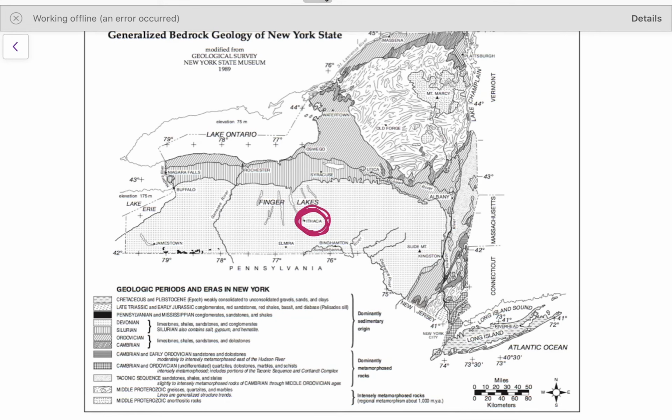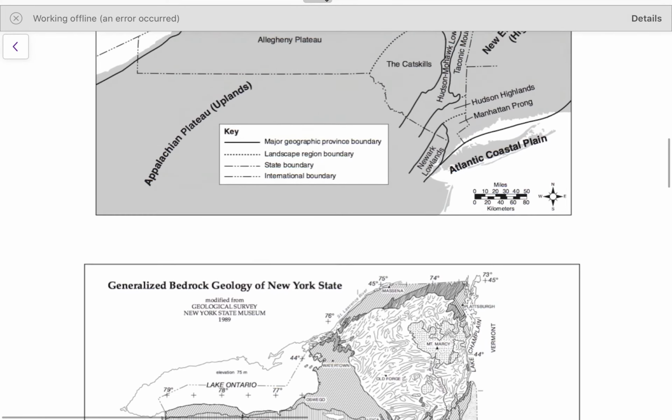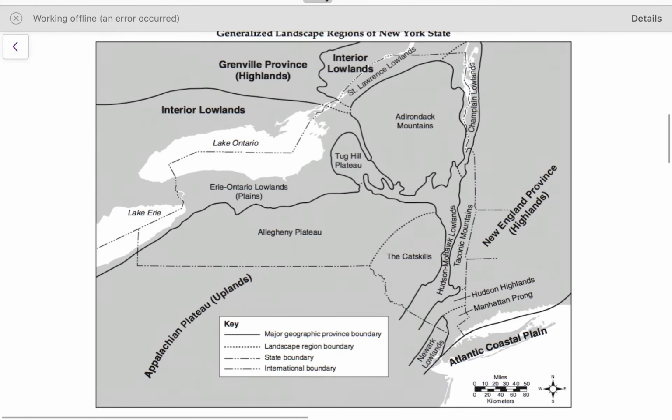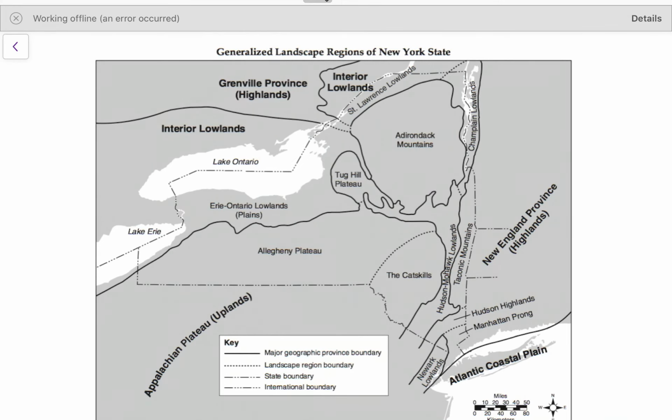Okay, now we want to remember where Ithaca is and then go up and look at page 2 and try to figure out what landscape region it's in. So if I go up to page 2 now, again, I have to try to match the two maps, right? Ithaca isn't labeled on this map, but I know where it is now because I looked at page 3.